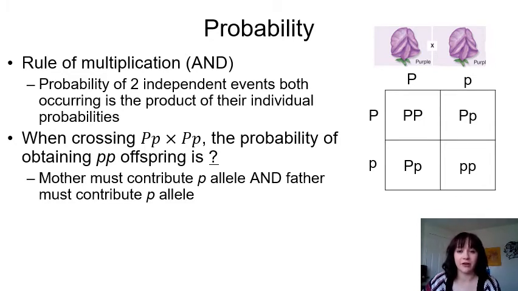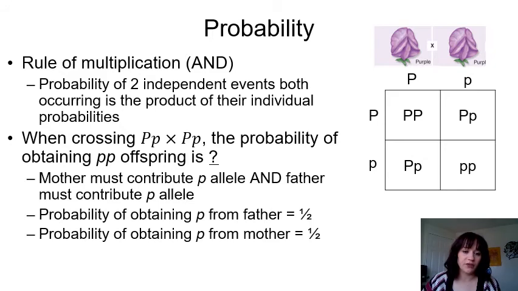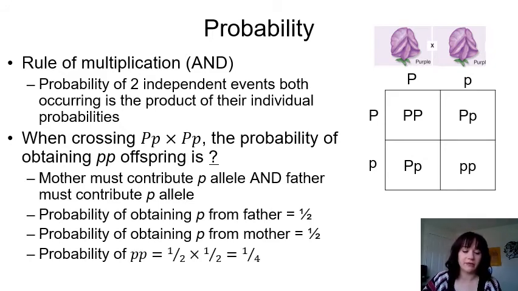And the chance that the father will provide the recessive allele as well is 1/2. So you're going to take 1/2 times 1/2, and that's going to give you 1/4. So there is a 1 in 4 chance that the offspring of this cross will be homozygous recessive. And if you were to do your Punnett square, you can look and see that that is correct, 1 out of 4 chances.